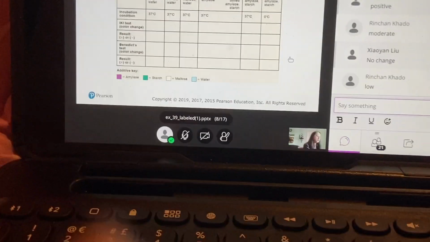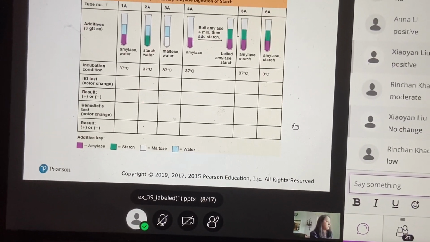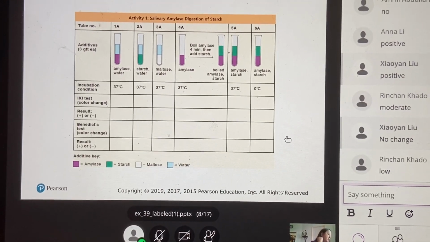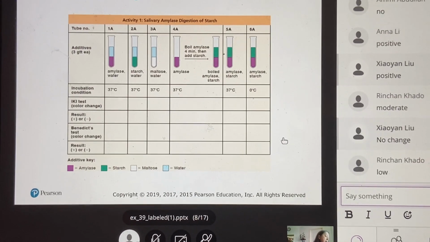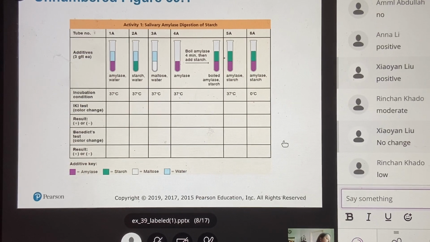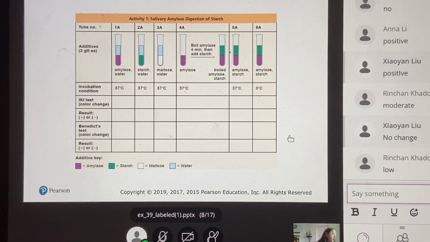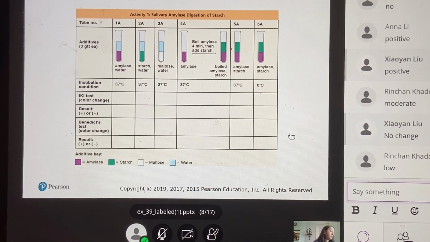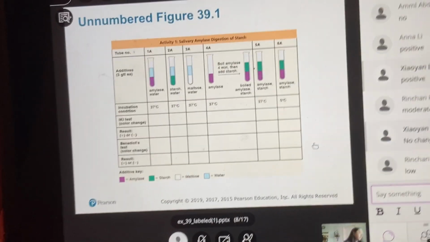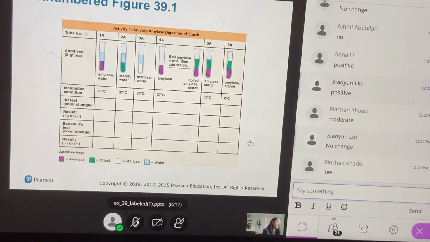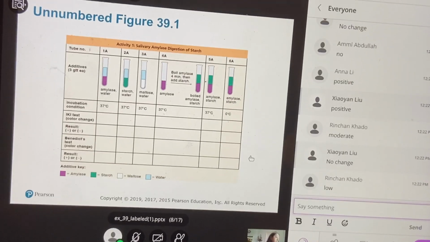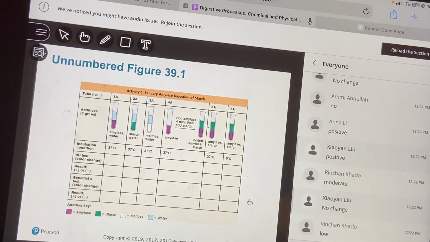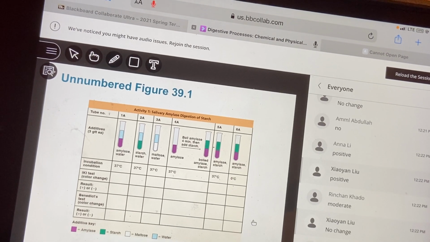So that will be your salivary amylase digestion. Okay, for you to be able to give a good report, you have to read your manual, because what I told you is basically what's in there. If you look at your manual, that's what we call the amylase assay.